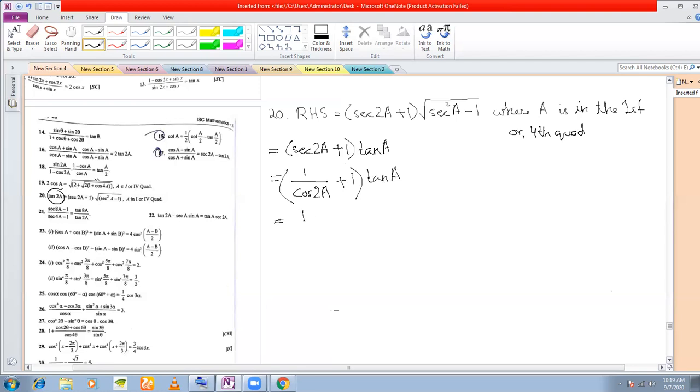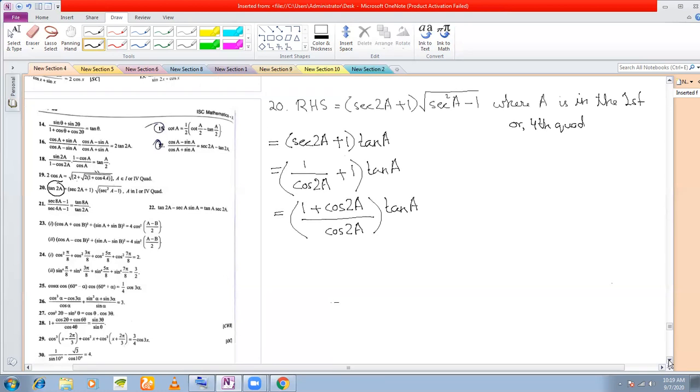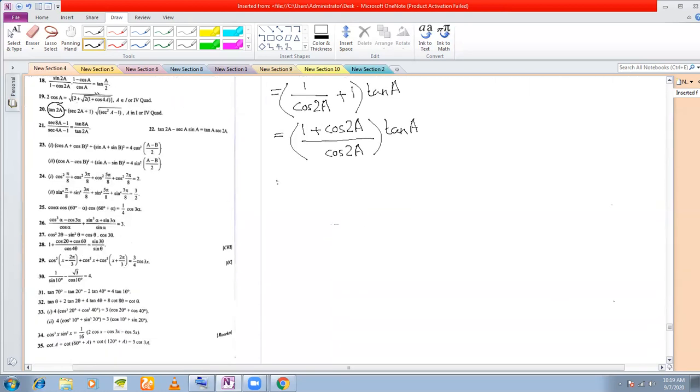Now we take the LCM: 1 plus cos 2a by cos 2a, into tan a. Now 1 plus cos 2 theta is 2 cos square theta.